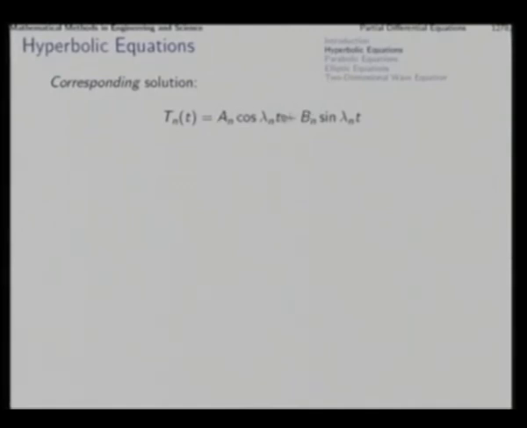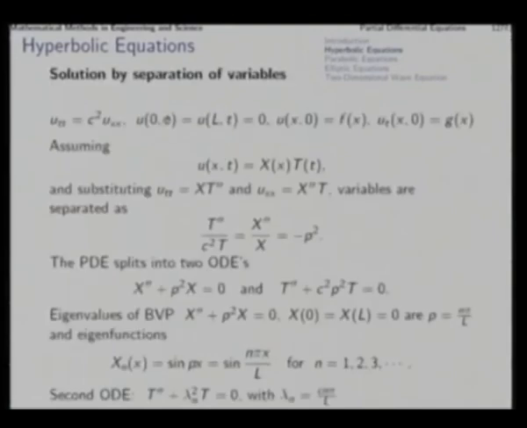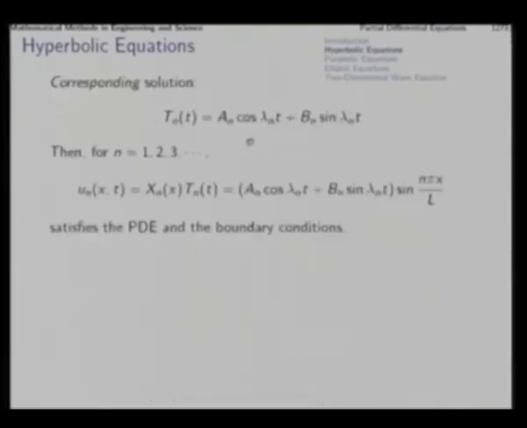Now, if we combine the Xn and Tn as we got now and put in this proposed solution, then we get the solution un as the product of Xn and Tn for every n. So, this is the Tn part and this is the Xn, and this is the reason why in the case of finding the solution Xn we did not include the amplitude, the constant on this side, because now we have got the constant anyway.